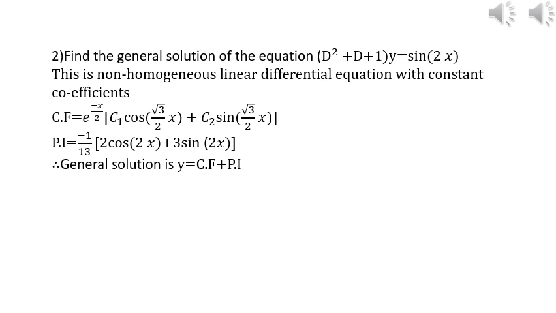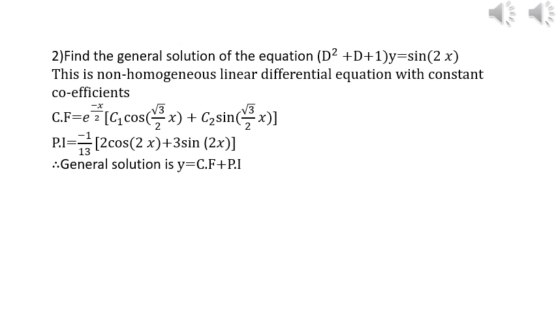So put here D square is equal to minus 2 square. It is minus 4. Okay. Then we get 1 divided by minus 4 plus D plus 1, sin 2x. So 1 by D minus 3, sin 2x.